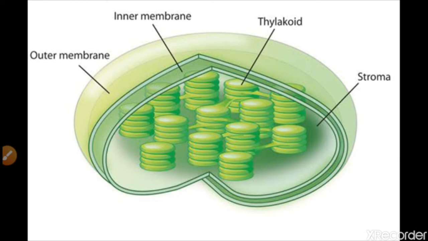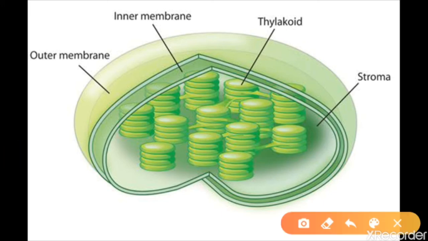That means they are photosynthetic, or we can say they are autotrophs. With the help of the chloroplast only they prepare their food. How they prepare the food we will see later, but let's see the structure first. So this is the structure of the chloroplast.